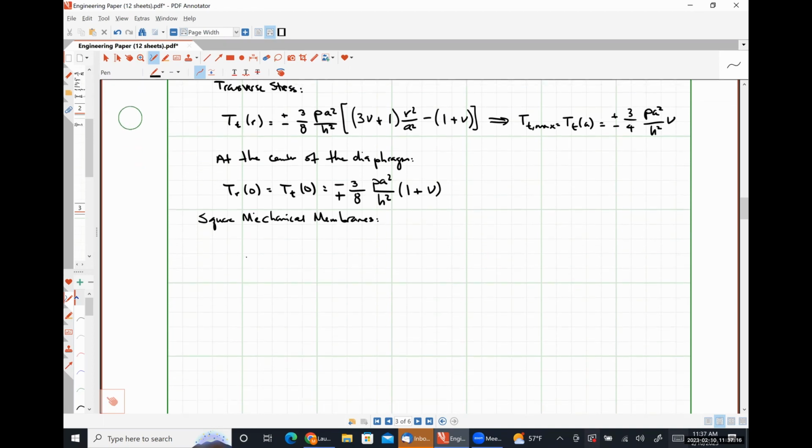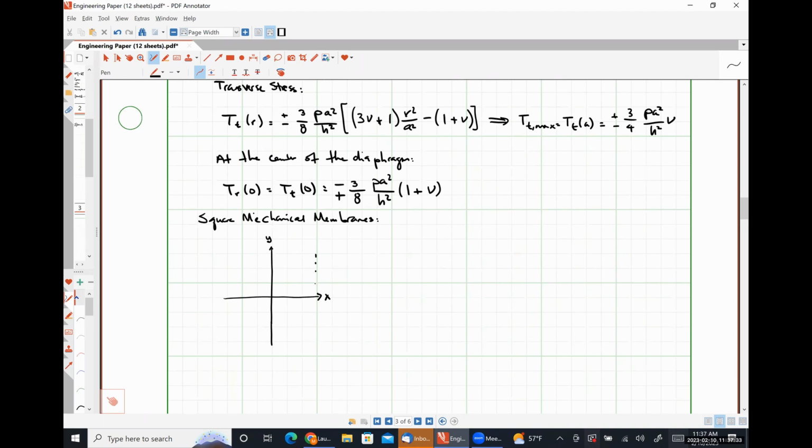So I'm going to first give myself a coordinate system here. So this will be our Y direction. And this will be our X direction.